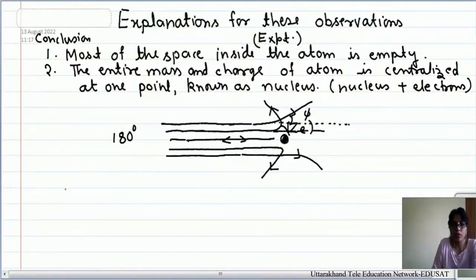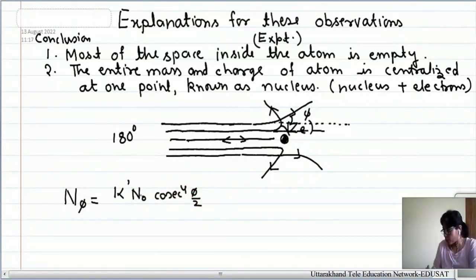So the scattering formula: N(phi) is equal to k' (some constant) times N naught into cosec to the power 4 phi by 2.